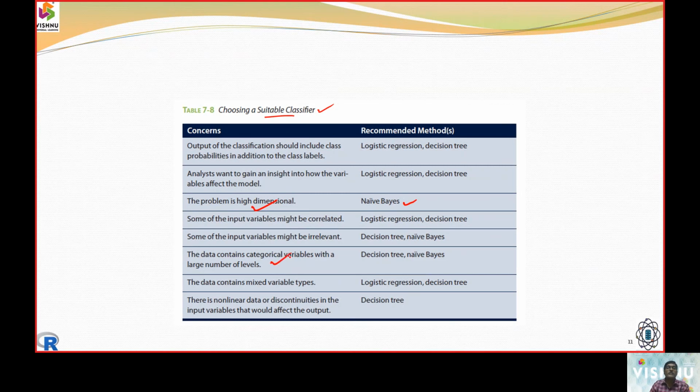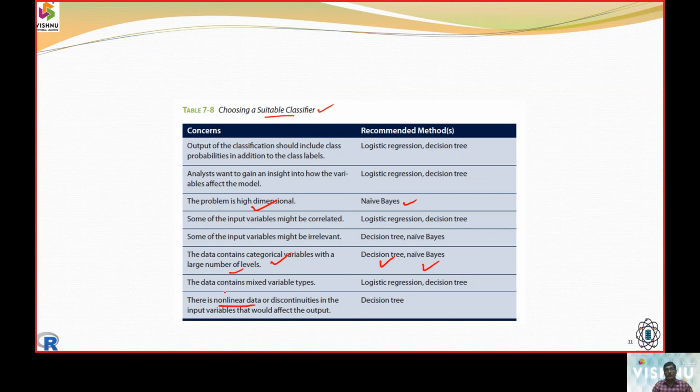And if the data contains a lot of yes, no, pass, fail class labels and different levels, in the sense of less than 30, 30 to 40, 40 to 50, 50 to 60, 60 to 70, 70 to 80, 80 to 90, 90 to 100, so I have a lot of levels, right? Then in this model, where there is a value to be predicted, we can go with a decision tree, or again, we can use naive Bayes.